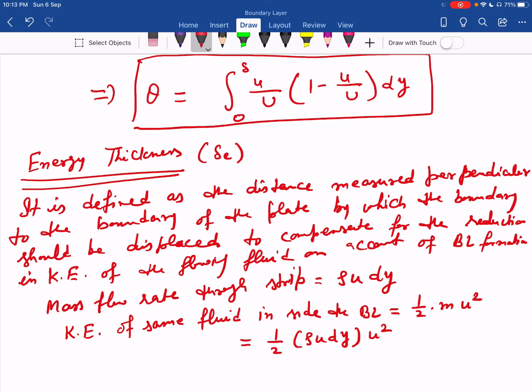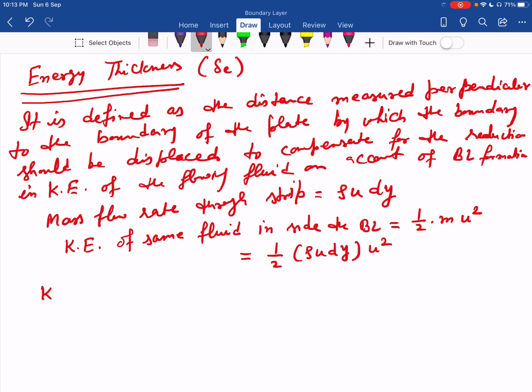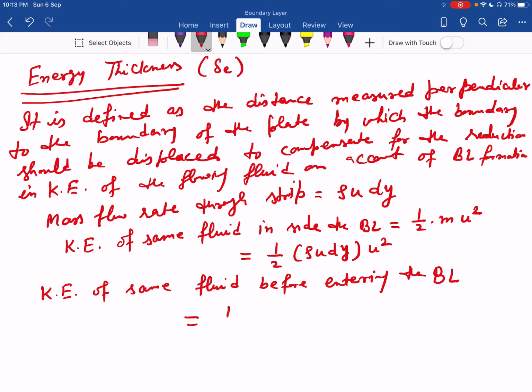Okay, so now again I can write the kinetic energy of the same fluid before entering the boundary layer. So that is equal to half into mass into the velocity of the layer. Now before the boundary layer, the velocity is capital U. So half into mass into velocity square.